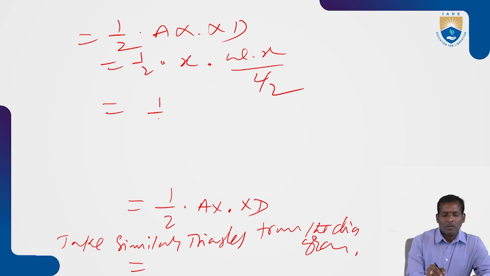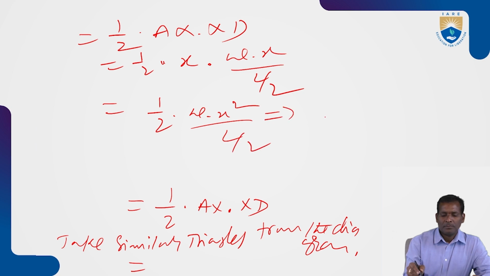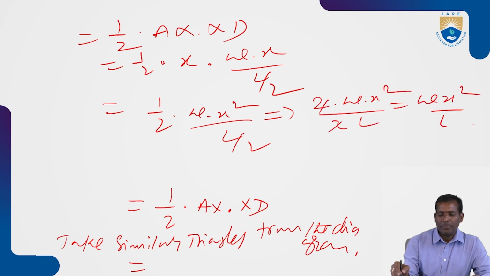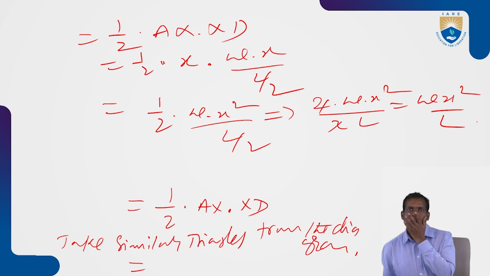Now half WX square by L by 2. The 2 in WX square by 2L will get cancelled, and you will get WX square by L.